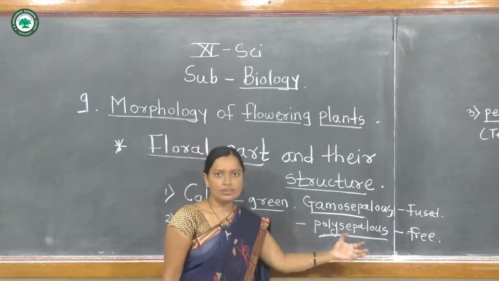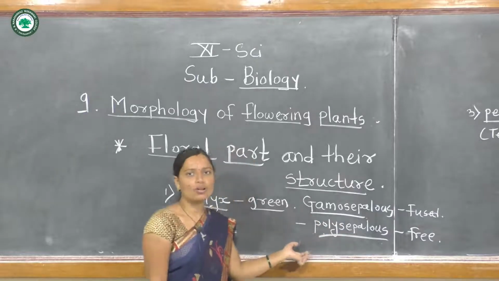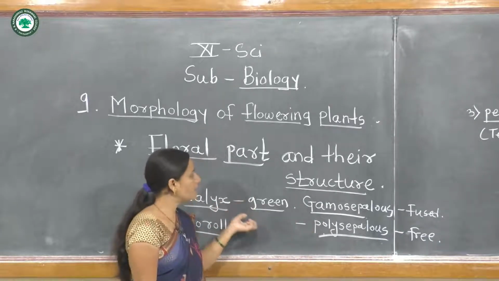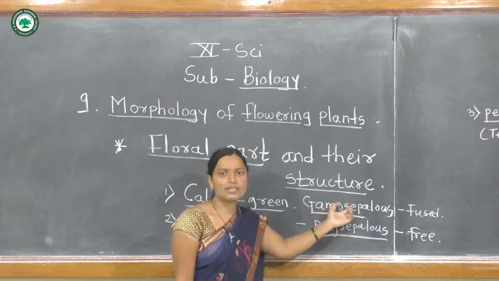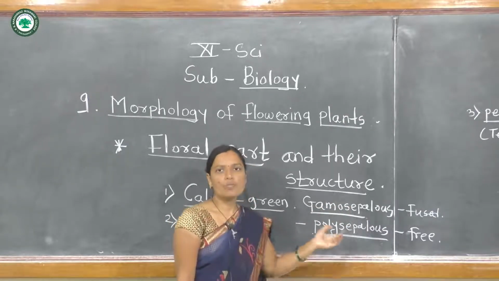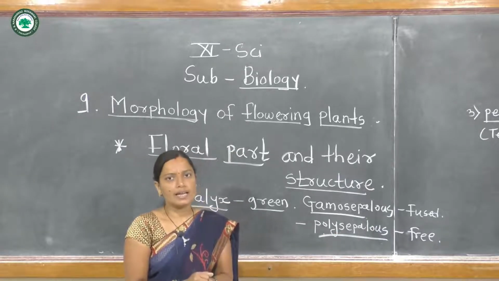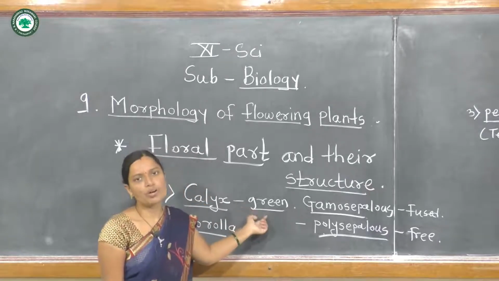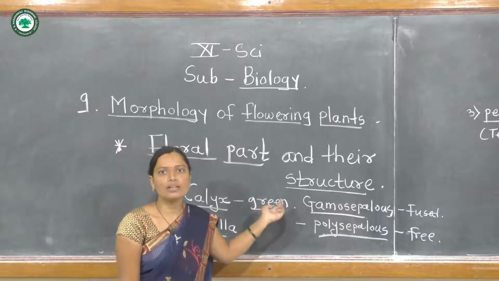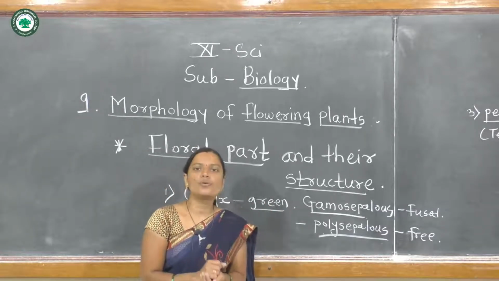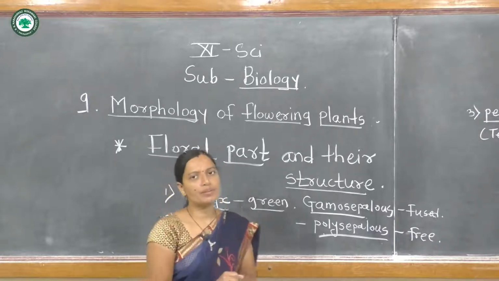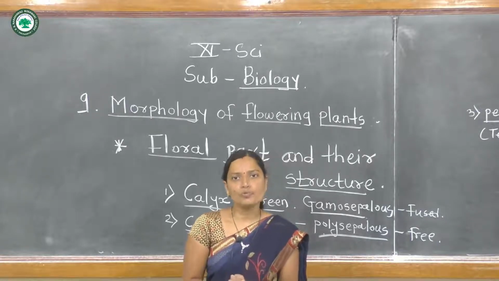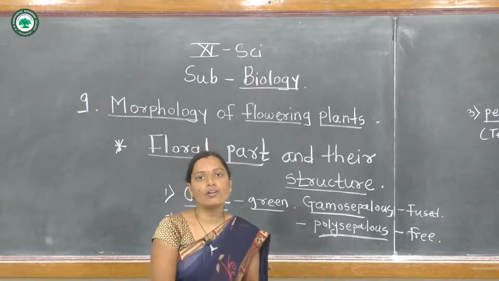So the calyx in some plants is gamosepalous, and in others polysepalous. The calyx is green because it contains chlorophyll pigments, which are used for photosynthesis. The calyx is also important in the bud condition, when it protects the inner whorls of the flower.